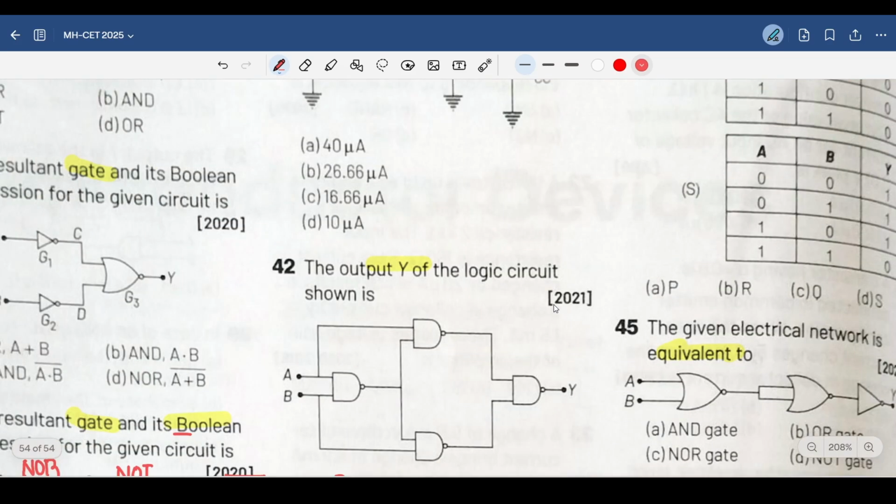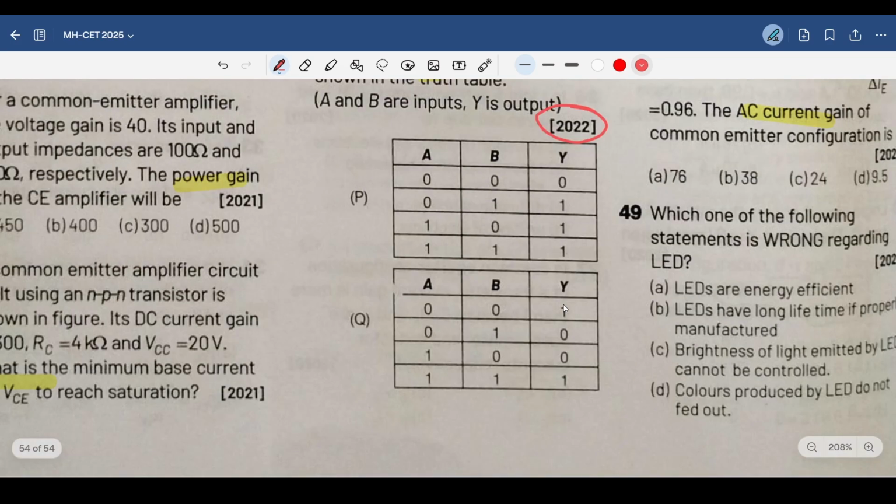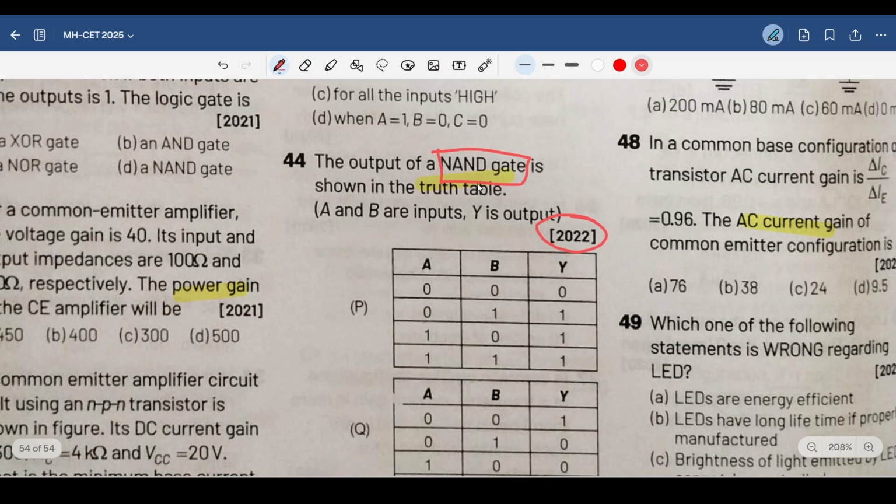See, NAND gate is the opposite of AND gate. So let's draw it. These are the combinations: 0 0, 0 1, 1 0, 1 1. In case of an AND gate, the output will be 1 only when both the inputs are 1. In case of a NAND gate, it will be just the opposite: 1 1 1 0.